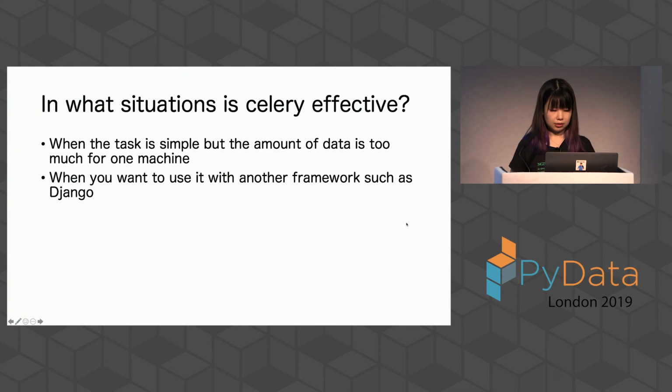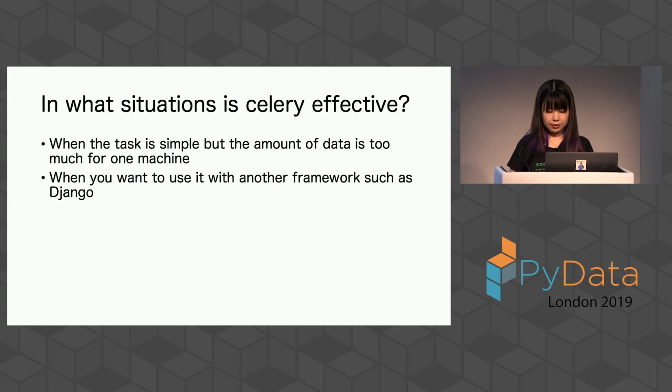In what situations is Celery effective? Celery is effective when the task is simple, but the amount of data is too much for one machine, and when you want to use it with another framework such as Django.